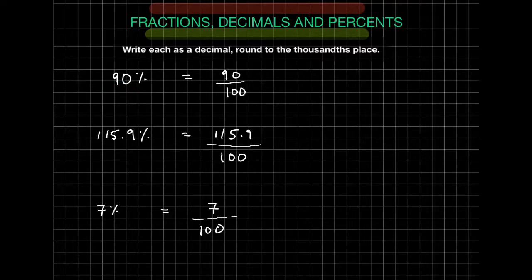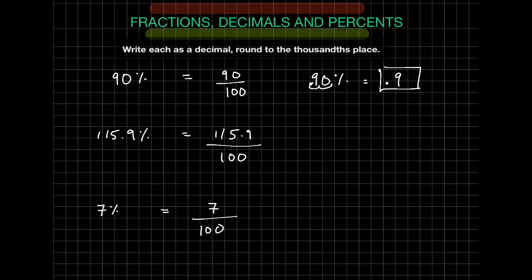So if I want to take the percentage 90% and write that as a decimal, I'm just going to take this decimal here and go 1, 2. So we get 0.9. Okay, there's our answer for the first one. 90% written as a decimal is 0.9.